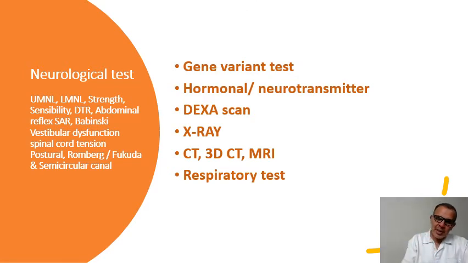I'm going to put these three together because some of the clinics here in the USA adopt the theory that all these idiopathic scoliosis changes are due to and result from gene variant and hormonal dysfunction, neurotransmitter imbalance, and osteopenia, osteoporosis, certain vitamin deficiencies and stuff.